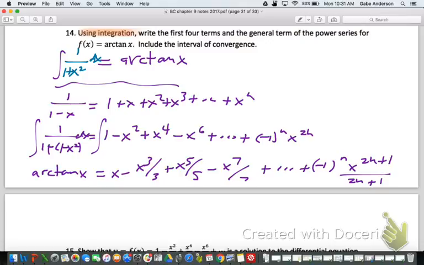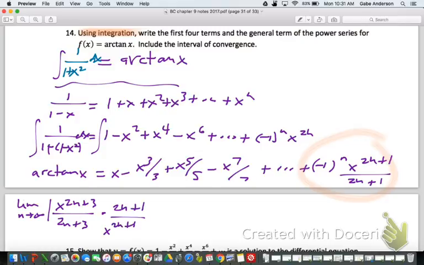Let's look at it. The key for me would be my nth term. So I'm going to try and squeeze this in right here. I'd go ratio test, limit as n goes to infinity. And then it's n plus 1 substituted, right? So this would be x to the 2n plus 3 over 2n plus 3 times 2n plus 1 over x to the 2n plus 1 is less than 1.